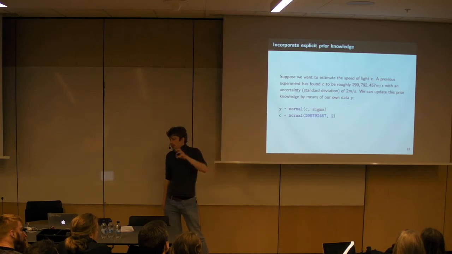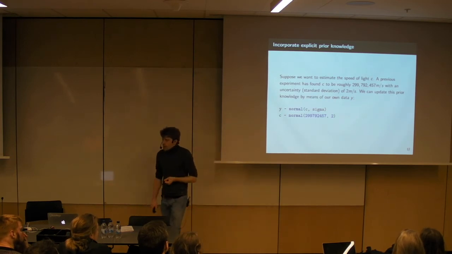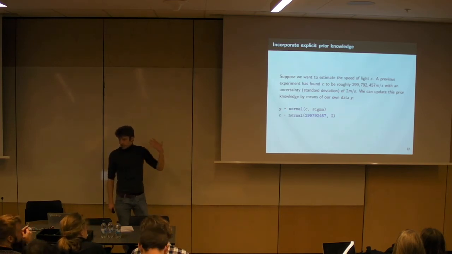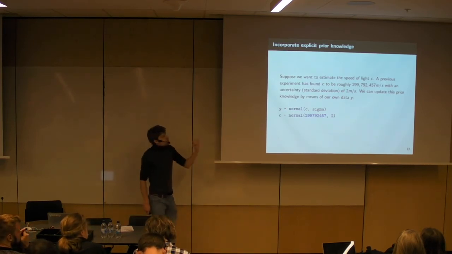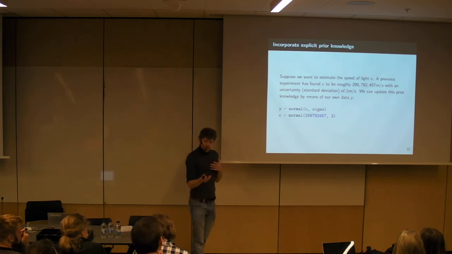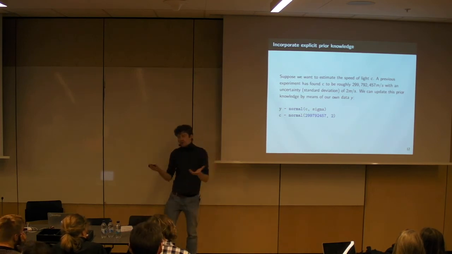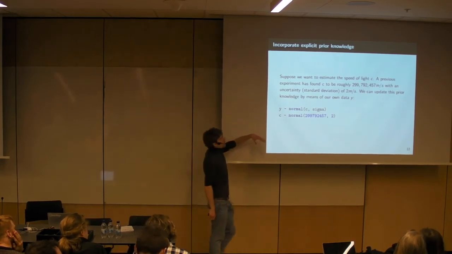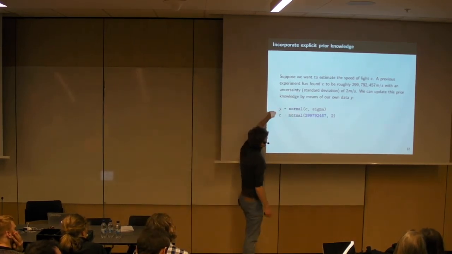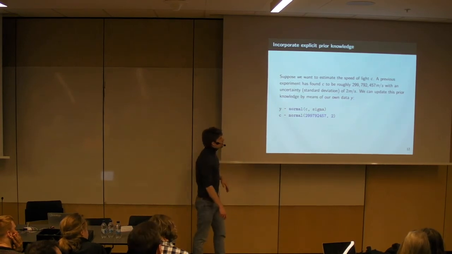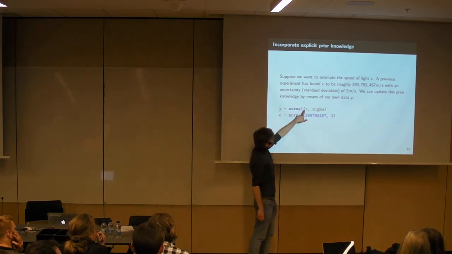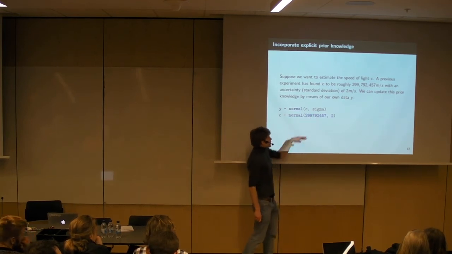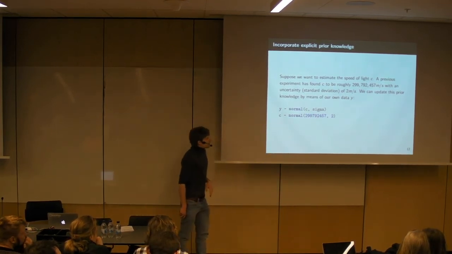So we now gather our own data, which we call y, and we can update the prior knowledge from the previous experiment by means of our own data y and see how our data improves the estimate which was already there in the literature. So we say our data is normally distributed, so our data are multiple estimates of the speed of light, normally distributed around the true speed of light, a parameter c, with some standard deviation sigma, which we are also going to estimate.